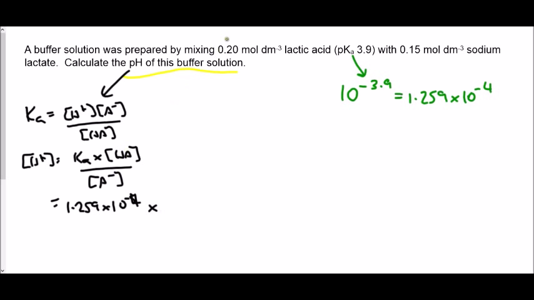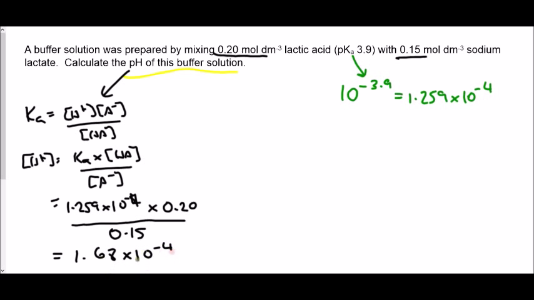We've got the concentration of the acid, that's up here, and the concentration of the sodium lactate, that's there. Should give us an answer of 1.68 times 10 to the minus 4. Again, leave this in your calculator, don't round it until the very end. So that's moles per decimeter of H+.